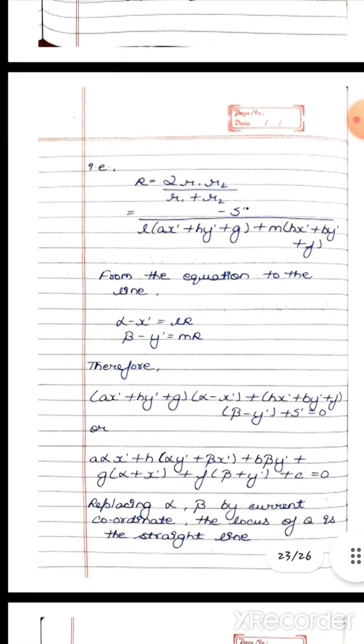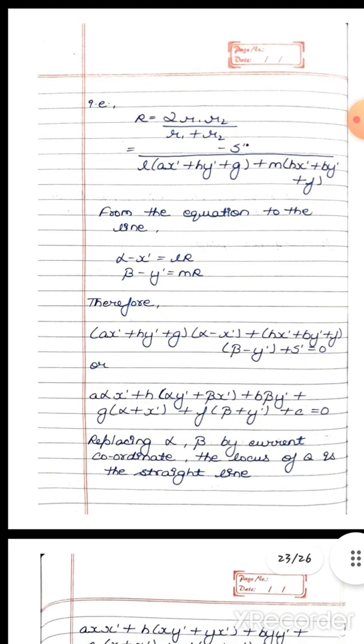So from the equation of the line, we get alpha minus x' equals lr, beta minus y' equals mr. Therefore, we get (ax' plus hy' plus g)(alpha minus x') plus (hx' plus by' plus f)(beta minus y') plus S' equals 0.